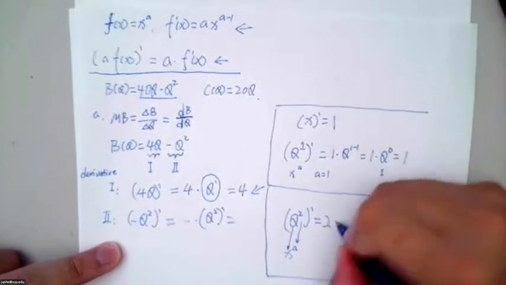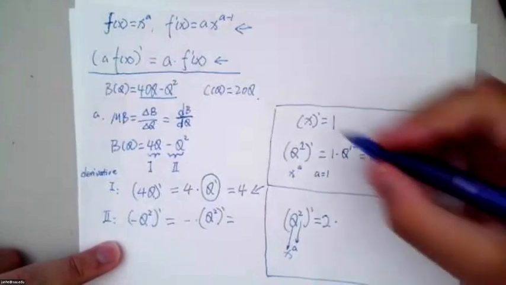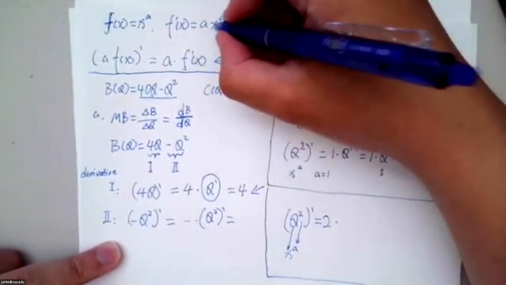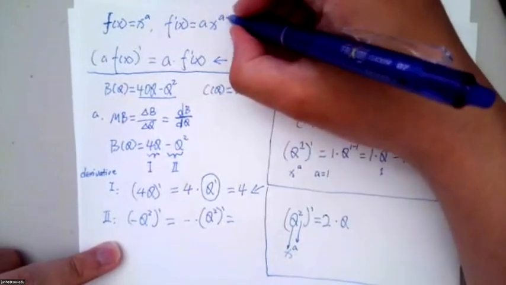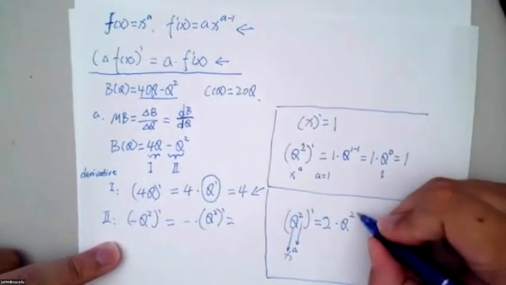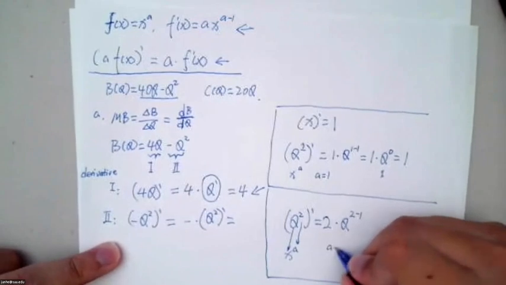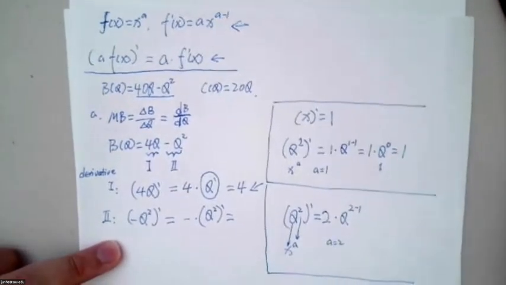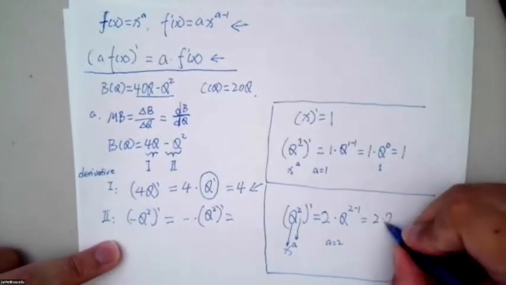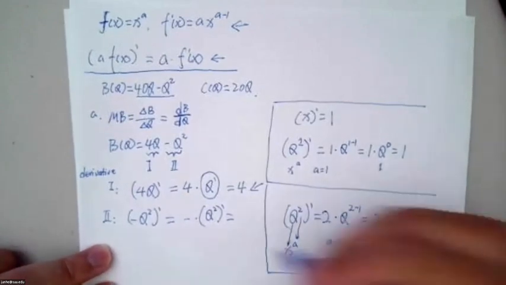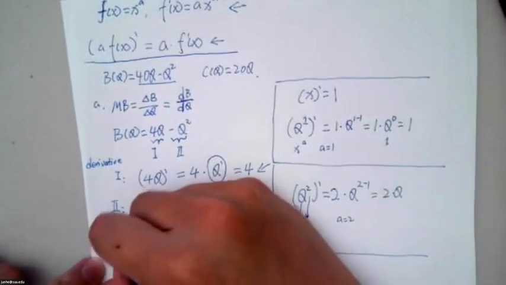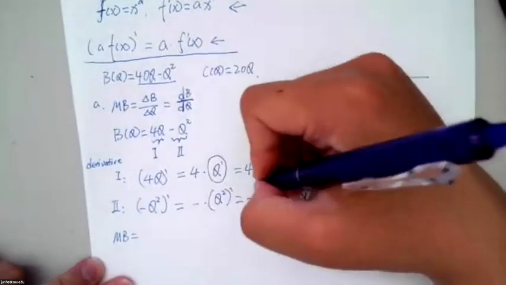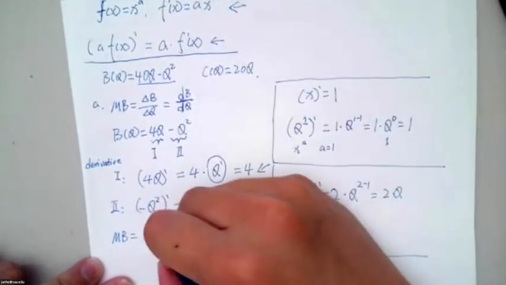A, we put down here as the multiplier, and q is your x, and the new power is a, which is 2 minus 1. So that is 2 times q. So the result is minus 2q. So marginal benefit is the combination of these two terms, which is 4 minus 2q.